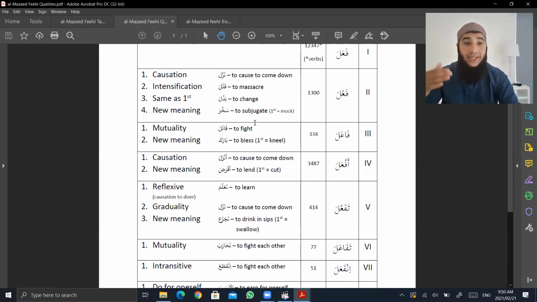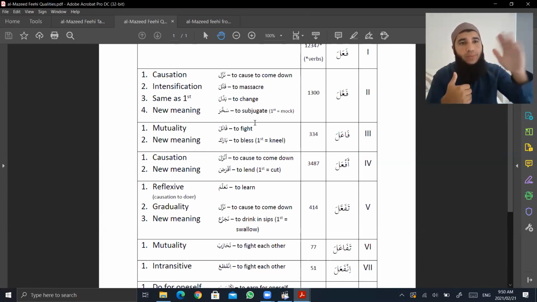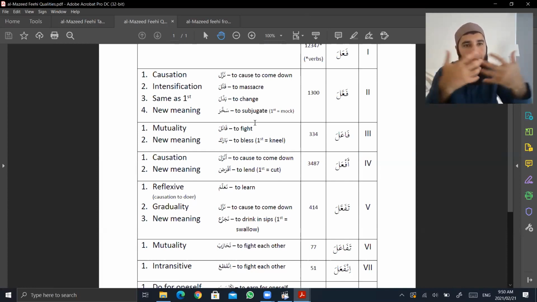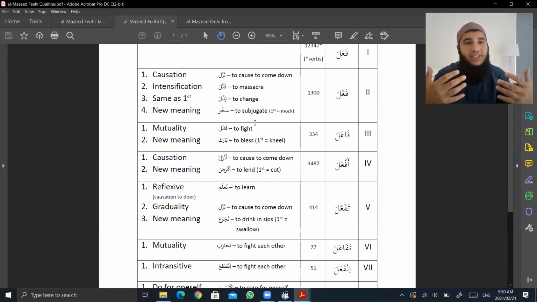قاتل. قتل on the first verb means to kill. قاتل means to fight. Or in other words, it's not one person going to another person just killing them. It's two people at each other's throats. So the third verb is used when there's a mutual action taking place. Like also laqa, two people meet each other.